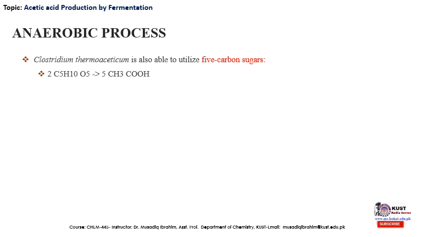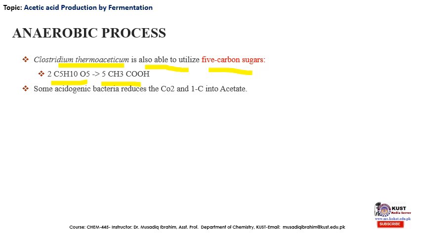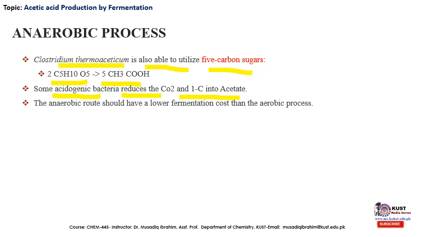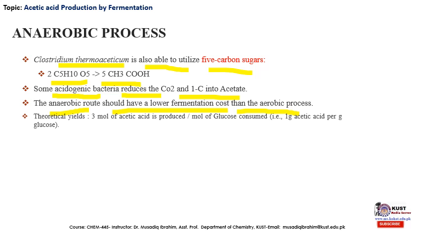Clostridium thermoaceticum is also able to utilize 5 carbon sugars like ribose, and here 2 molecules of pentose are converted into 5 molecules of acetic acid. Some acidogenic bacteria reduce carbon dioxide and 1 carbon compounds into acetate as well. The anaerobic route should have a lower fermentation cost than the aerobic process. So that is very important.